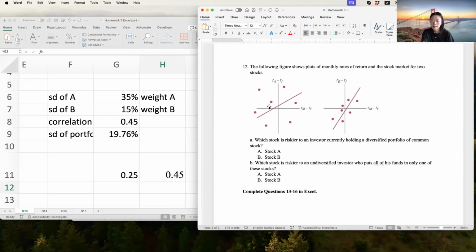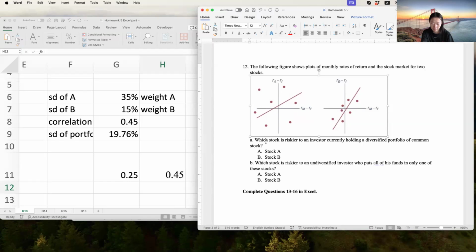For A, when the market goes up, A does not necessarily go up, like this point here. Market return is high, but stock A's return is not as high. Here the market return is negative, but stock A's return is positive, and here even more positive. So stock B's return is more closely related to the market, and stock A's return is less closely related to the market. That's what we can tell from the graph.